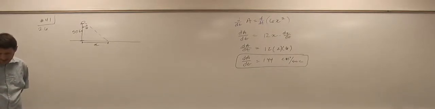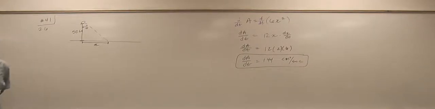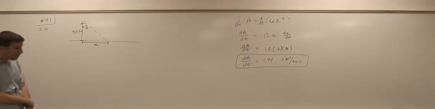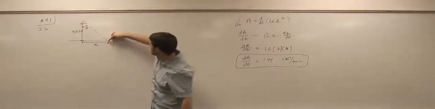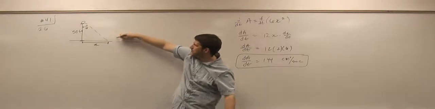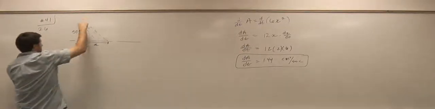How fast is the light beam moving along the wall when the beam makes angles of 30 degrees, 60 degrees, 70 degrees with a perpendicular line from the light to the wall? So what is it asking for? How fast is the light beam moving along the wall? This beam of light is hitting the wall and we want to know how fast it's moving as this spins.